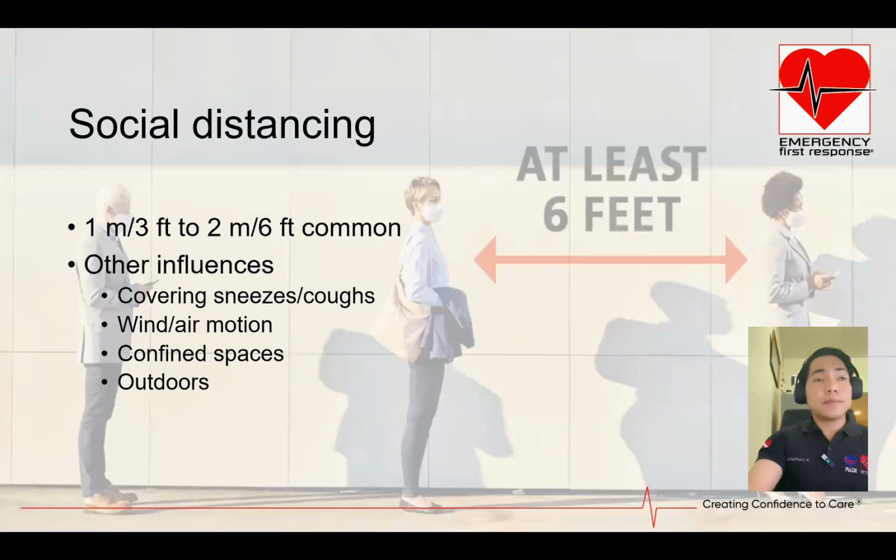Social distancing, as you can see, requires 1 to 2 meters, or 3 to 6 feet. Other influences include covering sneezing and coughs, wind and air motion, and confined space versus outdoors.